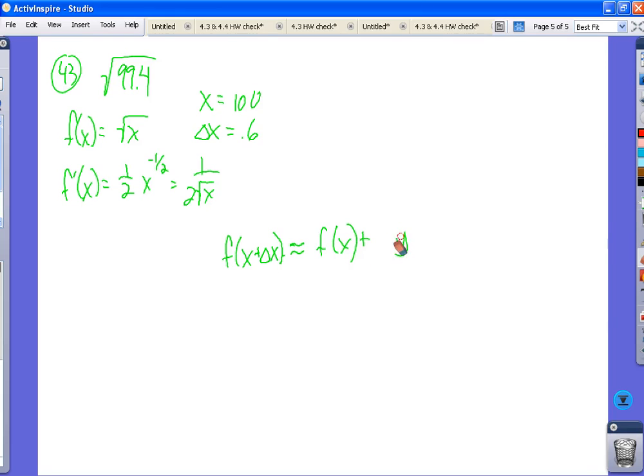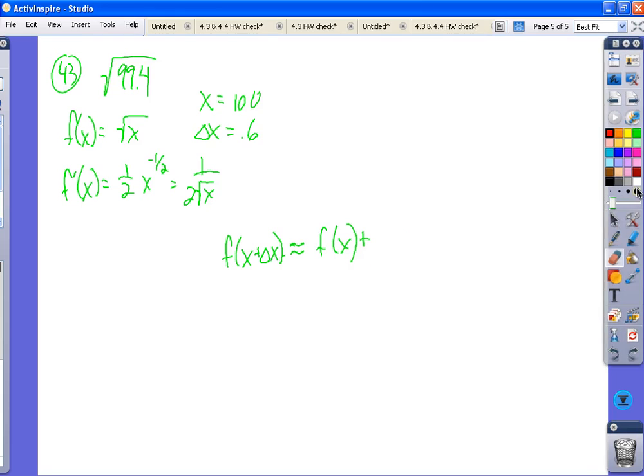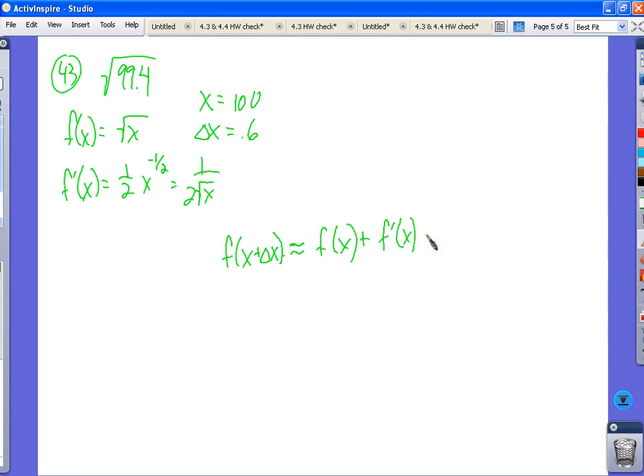We calculate dy by doing what? f prime of x times dx. This is also dx. This is dy, which is very close to delta y, actually changing y.